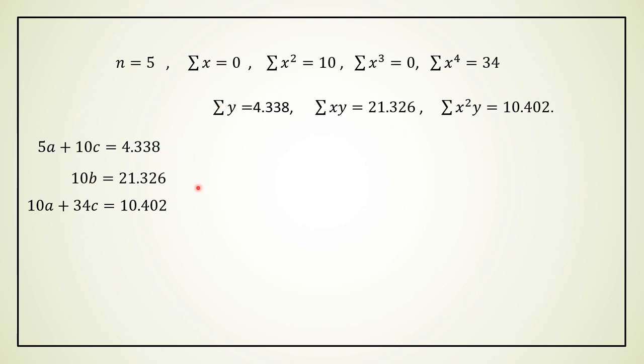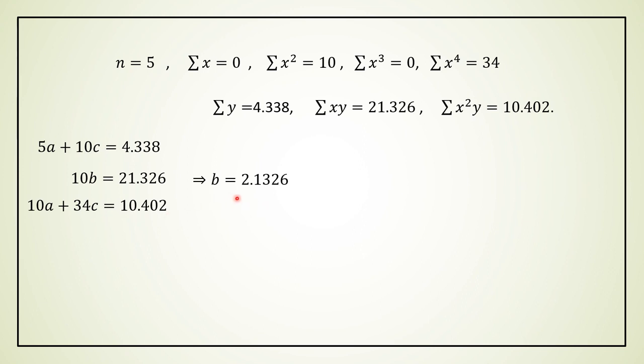Okay, so let me substitute all these summation values in the normal equations so that I am going to get simultaneous equations of the form 5a plus 10c is equal to 4.338, 10b is equal to 21.326, 10a plus 34c is equal to 10.402. From the second equation itself, I can get the value of b.